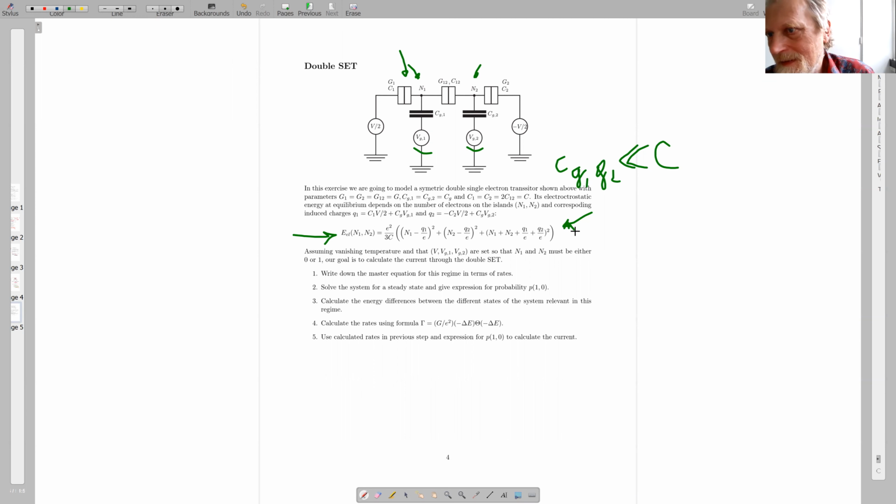Then again, the formulation of the exercise is to make your life simpler. So it's been assumed that the gate voltages and the bias voltages are in the window where only four configurations are allowed, corresponding to different numbers of N1 and N2.